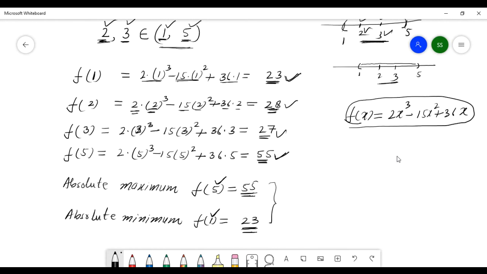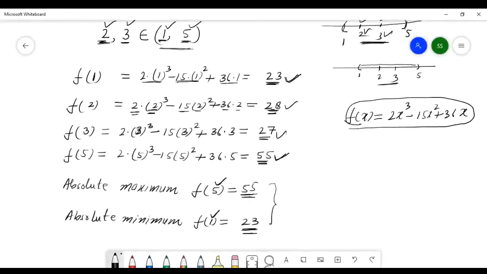So in chapter number 4, there are only two questions. One question is find the critical numbers, and one question is find the absolute maximum and absolute minimum of a function on a closed interval. Okay, right? So in chapter 4 only two questions.